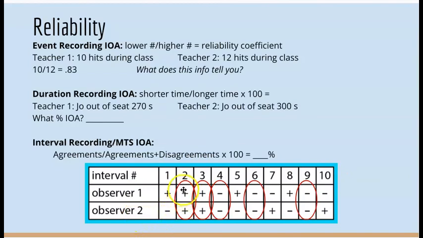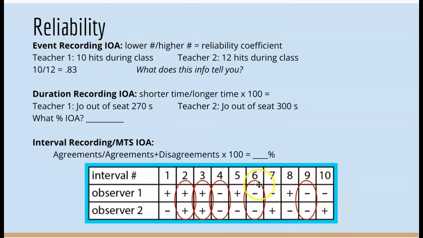And you can see you're looking for each interval where they scored the same behaviors. So here there's a disagreement between observer 1 and 2. Here they agree. Interval 3 they agree, 4 they agree, 5 they don't agree, 6 they agree, 7 and 8 they don't agree, 9 they agree, 10 they don't agree.